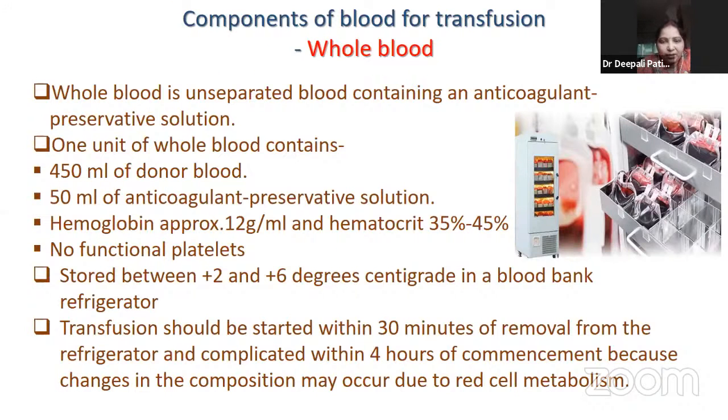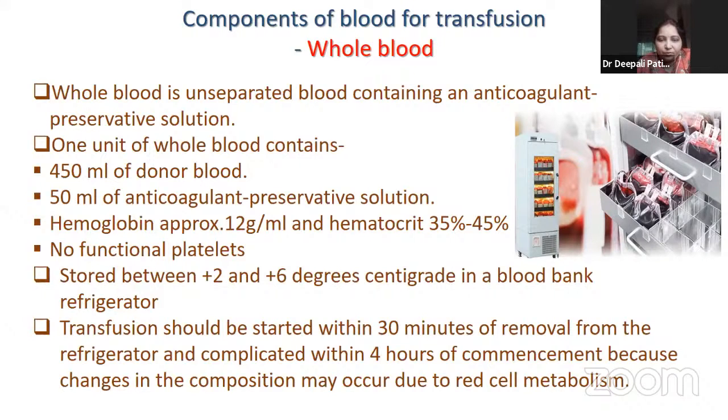The whole blood is nothing but unseparated blood which contains all its components and also contains an additional anticoagulant as a preservative solution. 1 unit of whole blood contains 450 ml of donor blood and 50 ml of anticoagulant as a preservative solution.